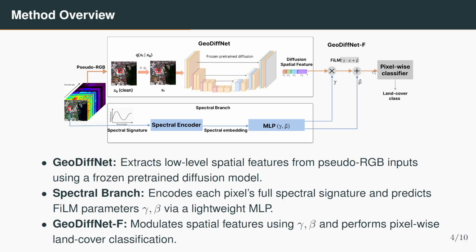In GeoDiffNet-F, we apply this FiLM modulation to the spatial features based on the spectral context, and a pixel-wise classifier then predicts the land cover class. This setup combines strong pretrained spatial features with fine-grained spectral cues. We introduce minimal trainable parameters, and this way enables accurate and label-efficient classification across domains.